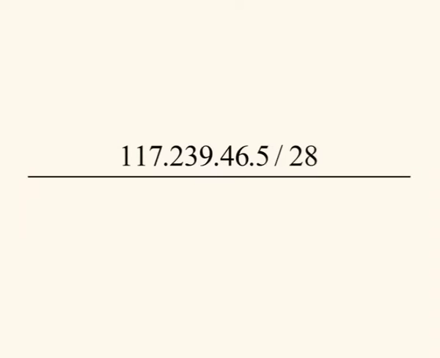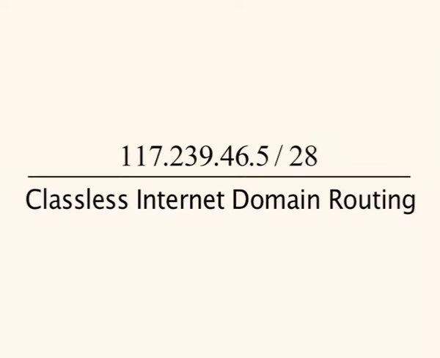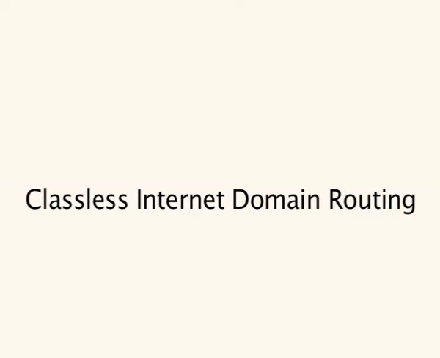Another method used nowadays is CIDR, that is classless inter-domain routing. In CIDR, the net ID and host ID are identified from the network prefix. An example of CIDR is 117.239.46.5/28.